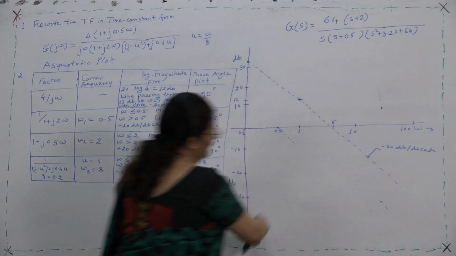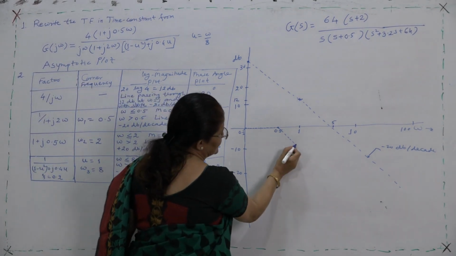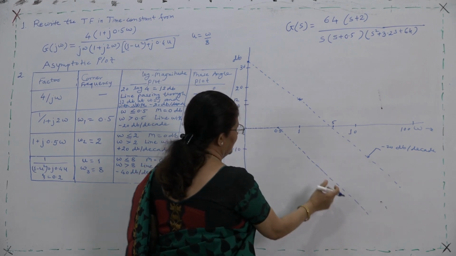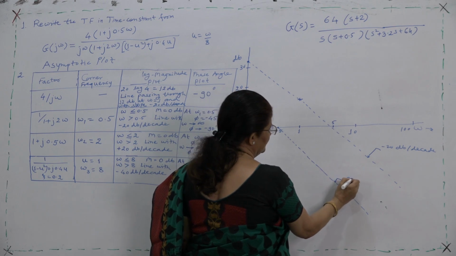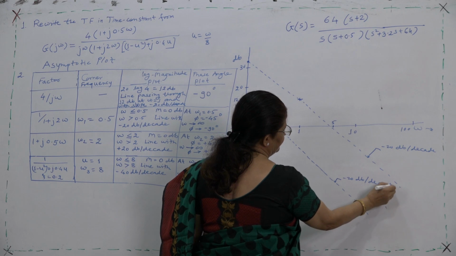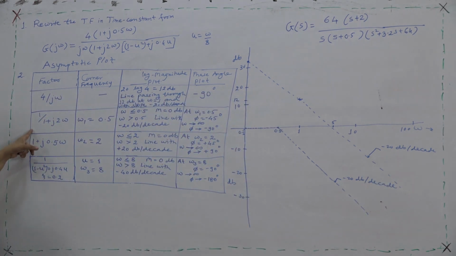So, that will be easy for you while drawing it. So, this you will get a parallel line to this, and so the slope of this line is again minus 20 dB per decade. So, the second factor is over.